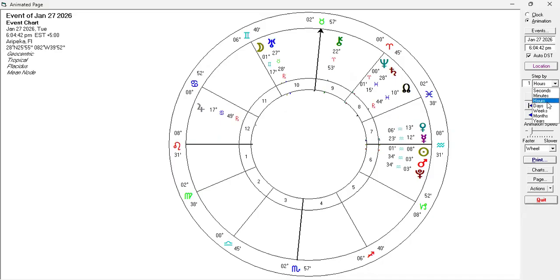And again, this happens every 2 years. But right now, because we have such polarity and such an interesting grouping of all these inner planets, we have this roving group of inner planets going through these signs, right? They started to sync up in the late fall, and then they've been moving as a pack.